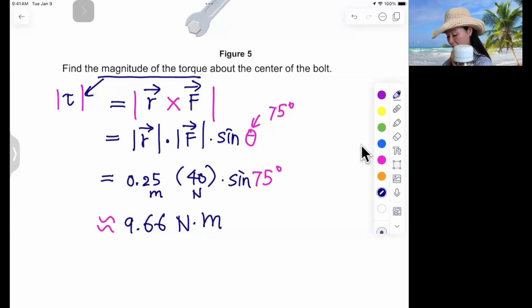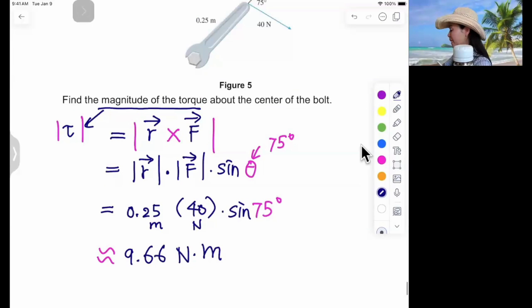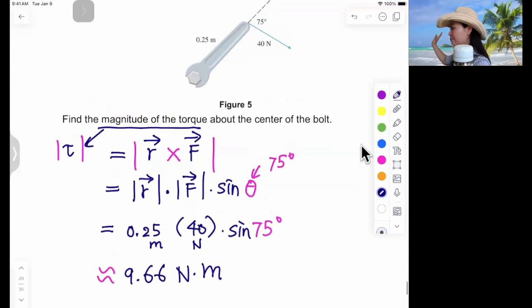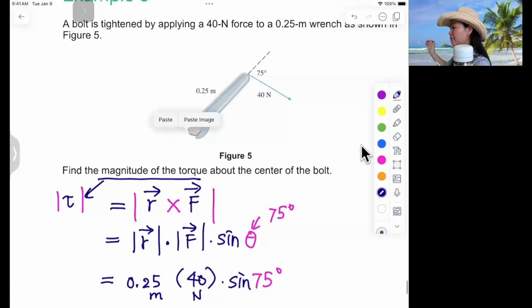What about direction? Then you use the right hand rule, right? R cross F. So R here, and then F right here. R is this way, and then F this way, so you cross this.